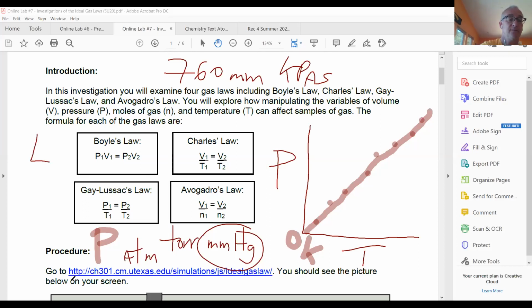Now, for volume, we use the ones we're normally associated with. We use liters. So we don't have to learn anything new about liters, because we're familiar with them. And temperature, what scale of temperature do you think we use for gases? Kelvin. That's right. We always use Kelvin for gases. And this is the reason why. Because unlike liquids and solids, the pressure of gases goes all the way down to 0 Kelvin.